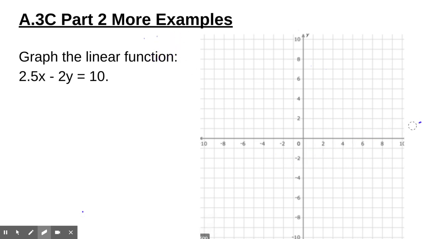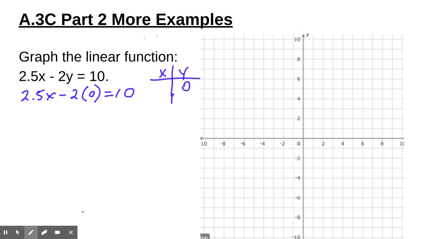Here's another example. So we have another linear function, and they want us to graph it. So I'm going to draw my table, and I know I'm going to set y to 0 and solve for x. So 2.5x minus 2 times 0 equals 10.